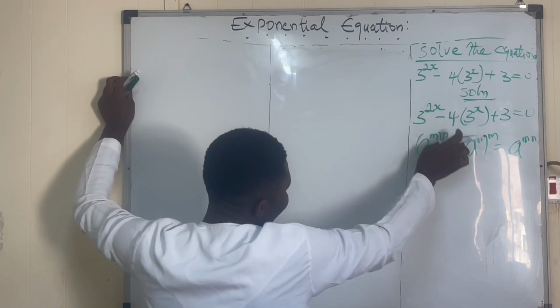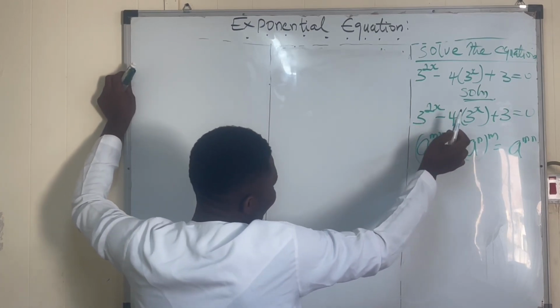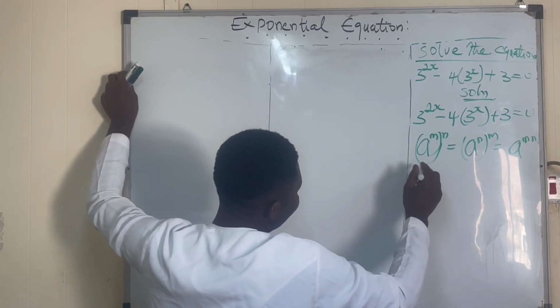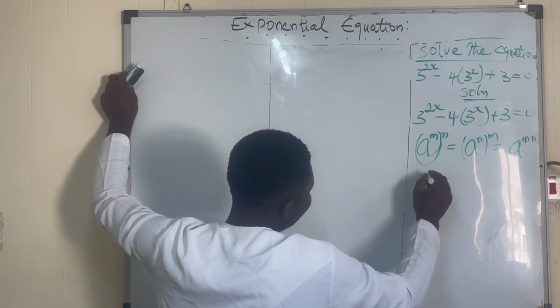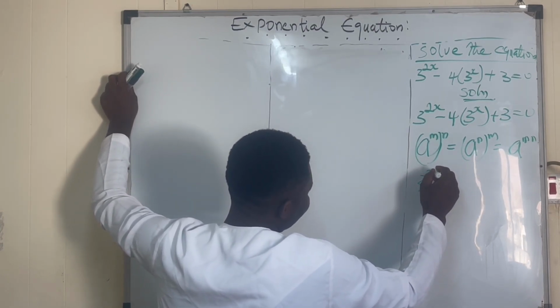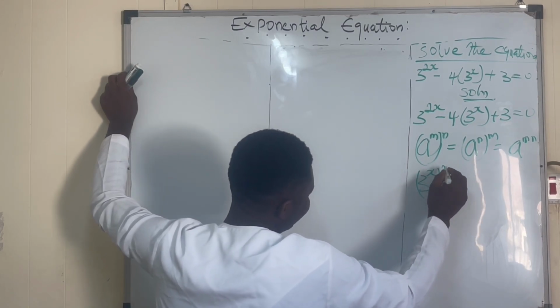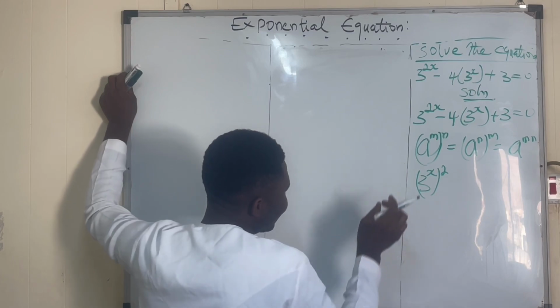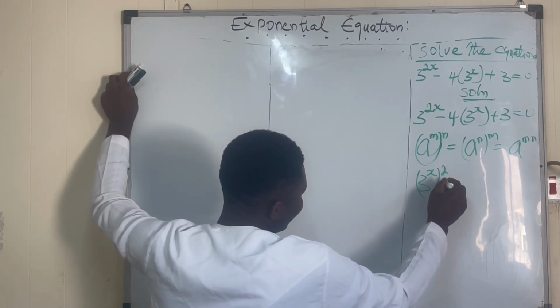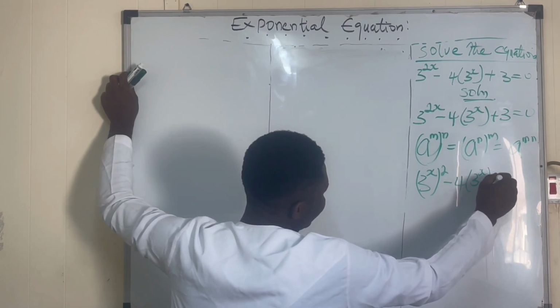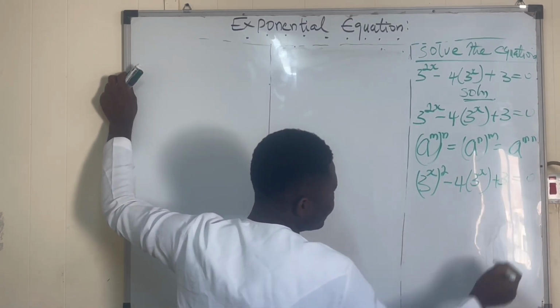So we want to make sure that what is inside this bracket is exactly what is here. So here it will be 3 raised to the power of x, closed in bracket, raised to the power of 2, because if you multiply the powers you get back to this. So minus 4 bracket 3 raised to the power of x plus 3 equals 0.